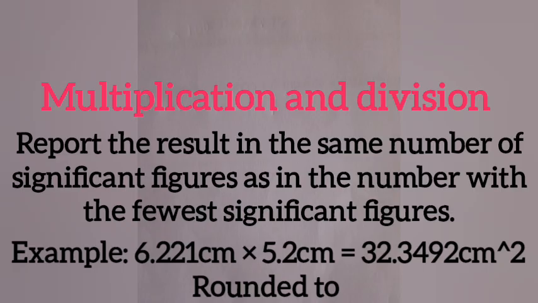Now, our result is already in 6 significant figures. We are expected to round it off to 2 significant figures. If we do the rounding off to 2 significant figures, we'll now have our result as 32 cm square.